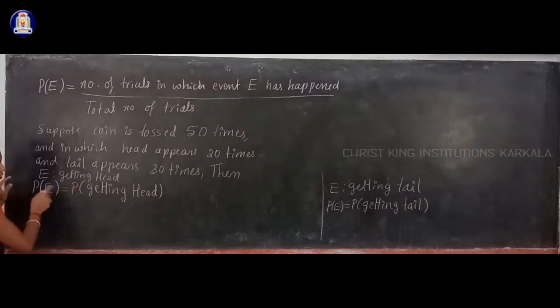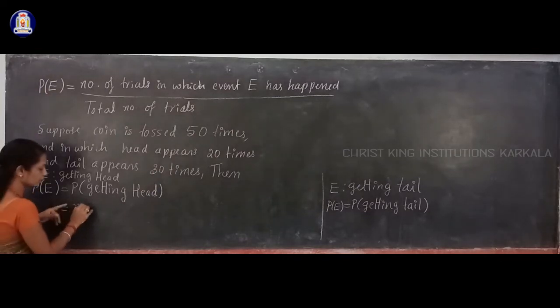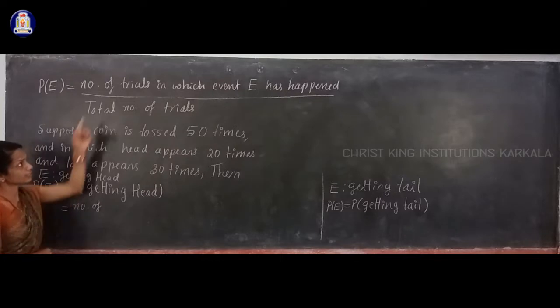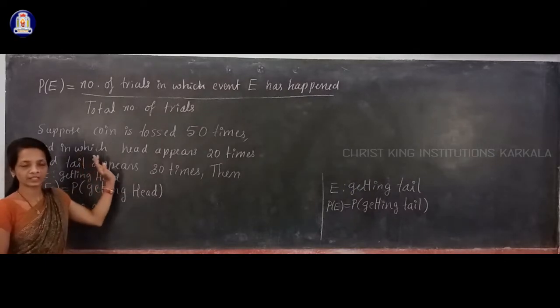P of E is equal to, according to that formula, number of trials. Trials here means number of tosses. How many times did we toss the coin? 50 times. So the number of trials is 50.